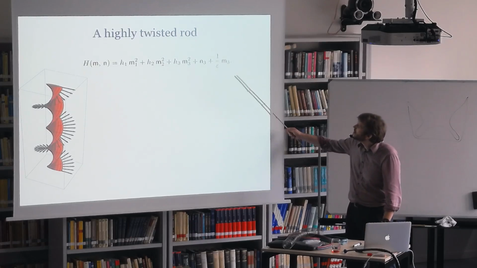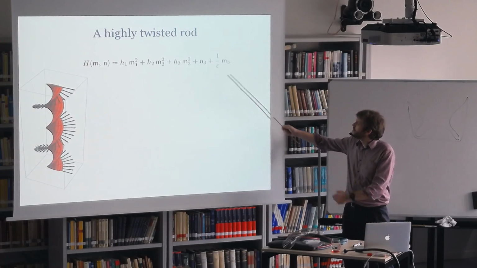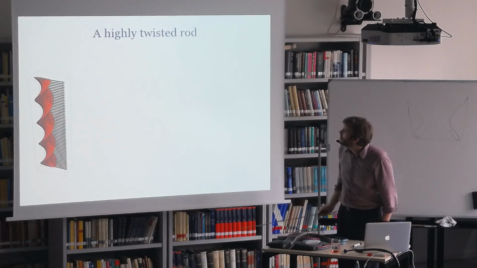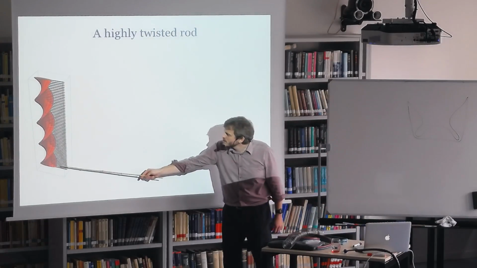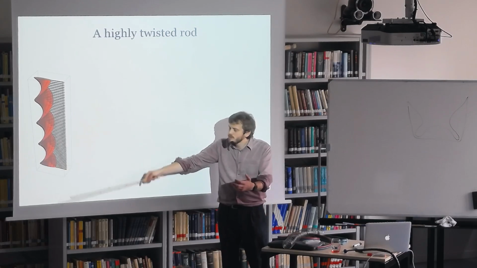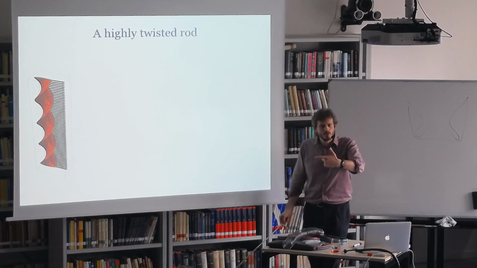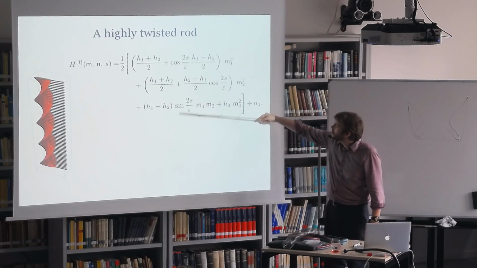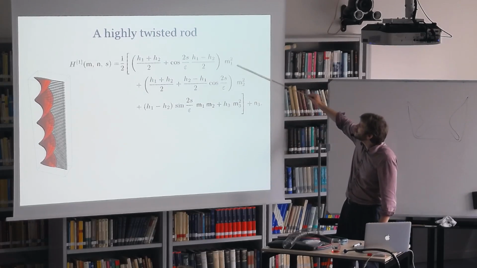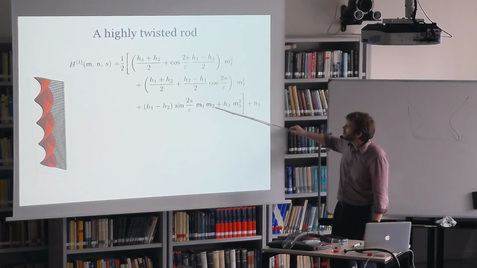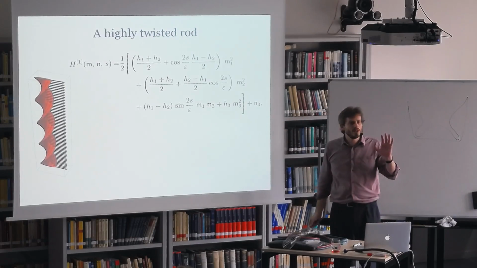But to do that, I want to develop in orders of epsilon, and I don't like that term because it's large. One way to get rid of it is to choose my material sections to be all oriented the same way. Now I move away from choosing material framings which go with the principal directions. I have a price to pay. The Hamiltonian becomes a bit uglier. I still have a part that's diagonal, M1 squared, M2 squared, M3 squared, but I have a part that's off diagonal. I have no terms that are very large.